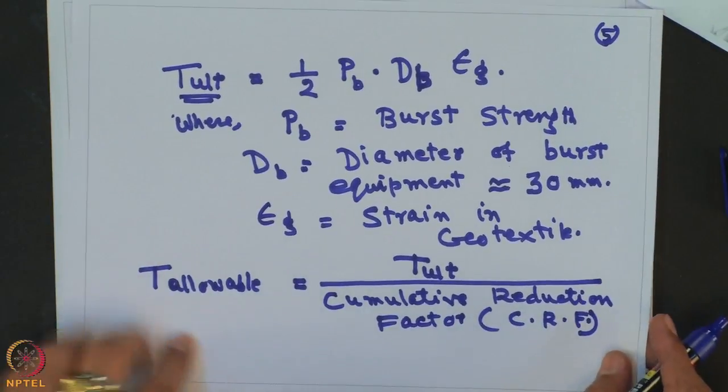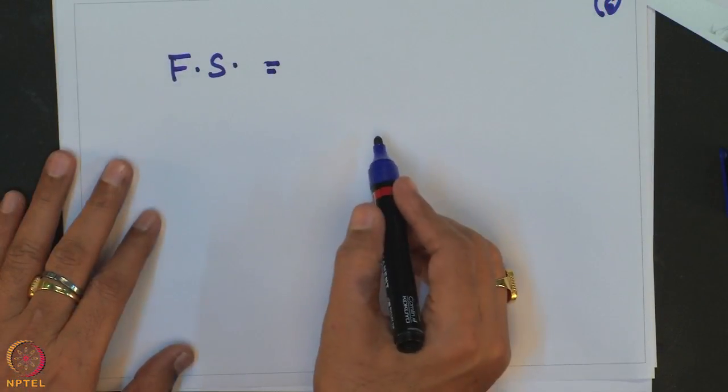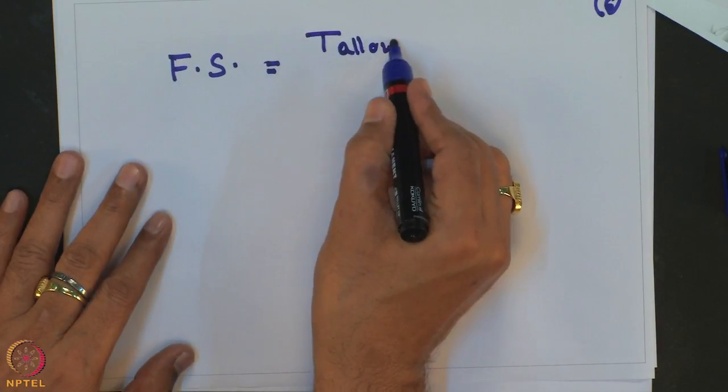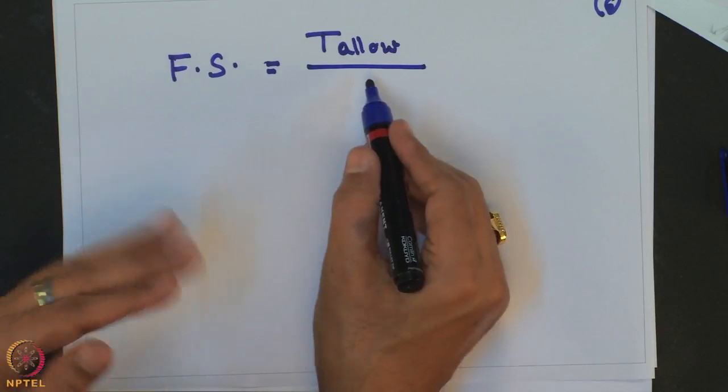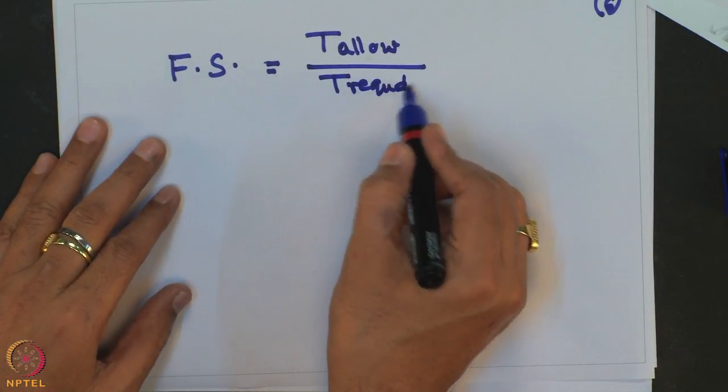So, you have to determine T allowable. Now, you can calculate the factor of safety. Let us say Fs will be equal to T allow divided by T required.